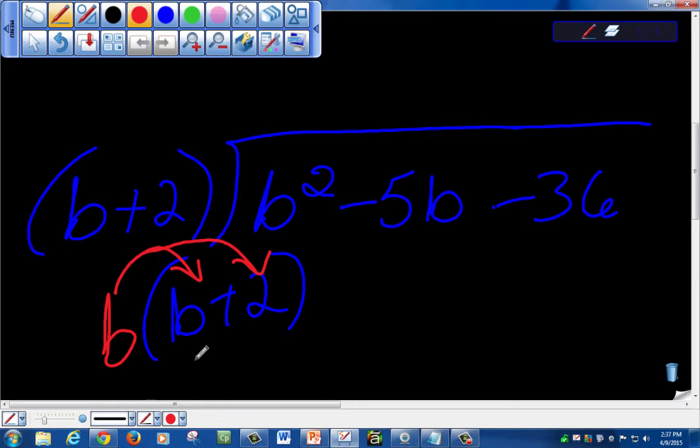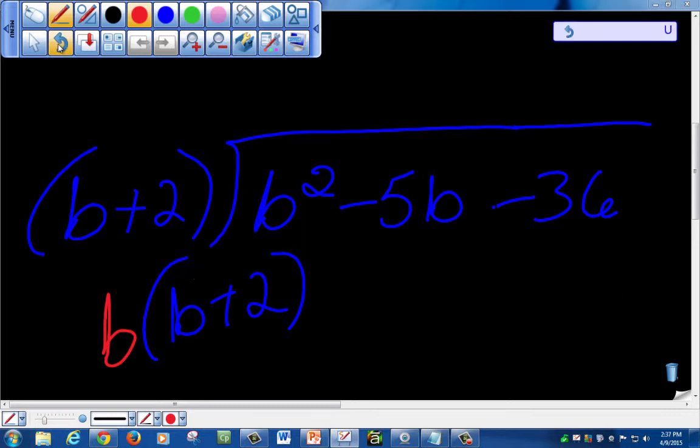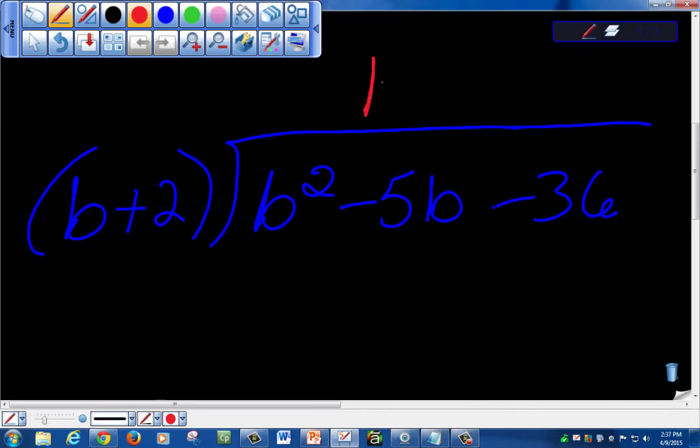That way, this b right here can become just like this b squared, its counterpart. So this is going to be set up as b squared plus 2.